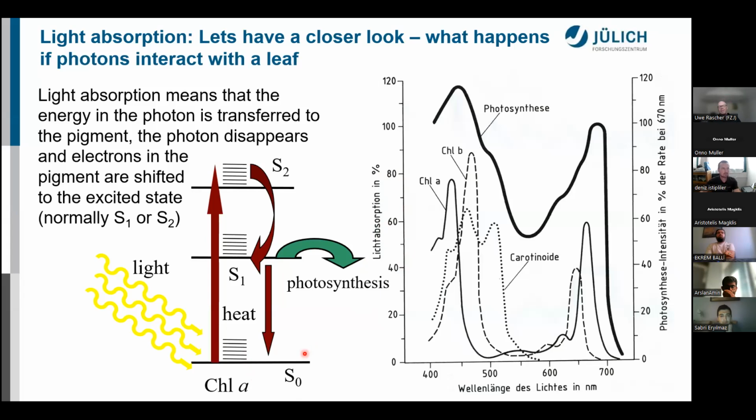This absorption of the photons, as a matter of fact, is really specific and is closely related to the energy or the wavelength a photon has. And this is the absorption spectrum of three really well-known pigments: chlorophyll A, chlorophyll B, and a bulk of carotenoids.